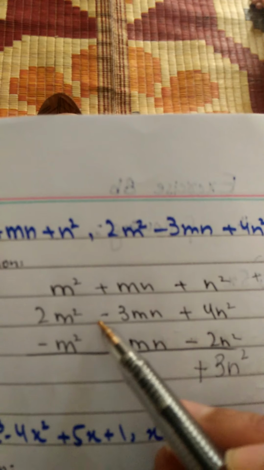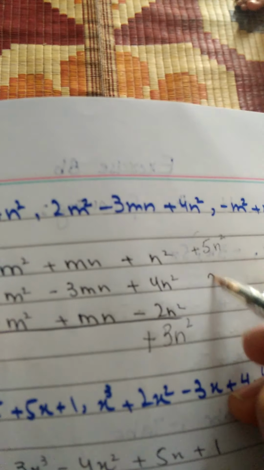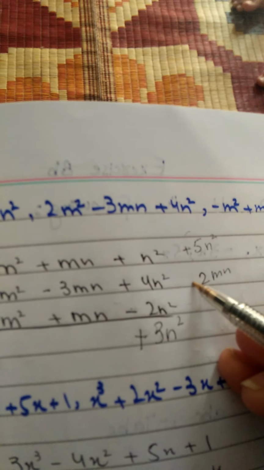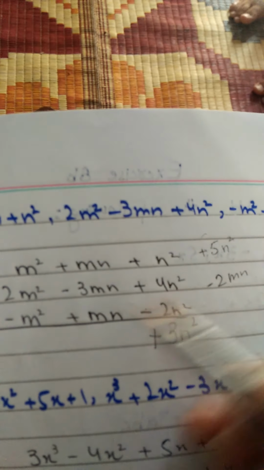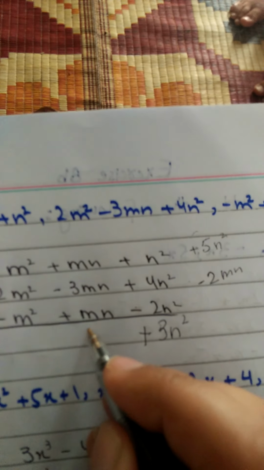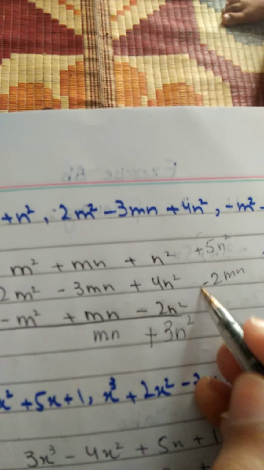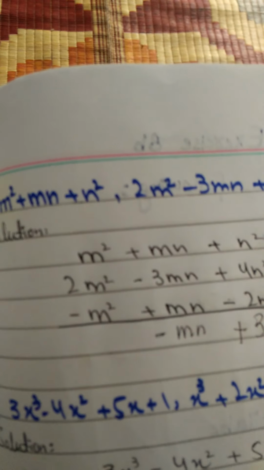Now mn and minus 3mn, plus minus minus, 3 minus 1 is 2mn, and the sign of greater value, minus, will be assigned. Now we have to operate minus 2mn and plus mn, plus minus minus, 2 minus 1 is 1mn. The sign of greater value, 2 is the greater value having the sign minus, will be assigned.